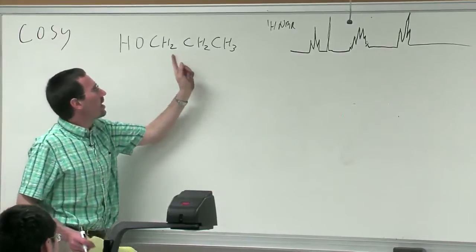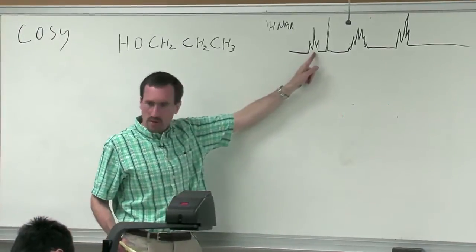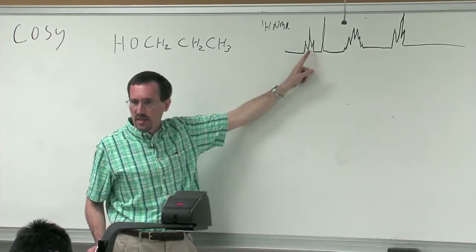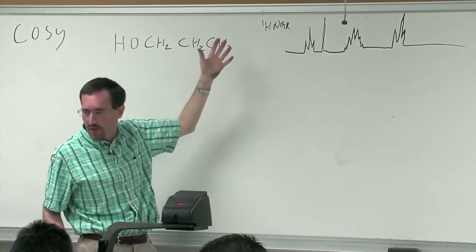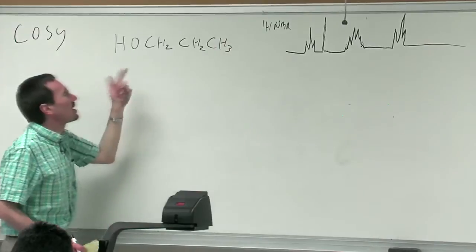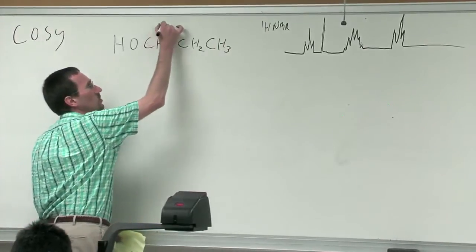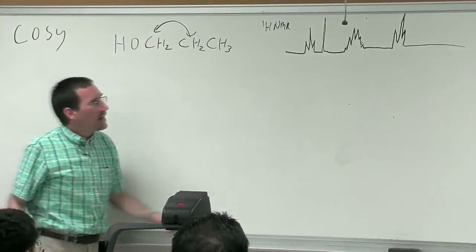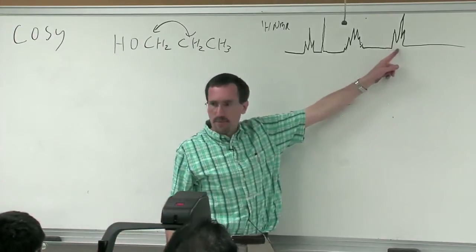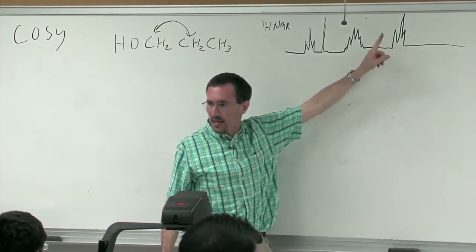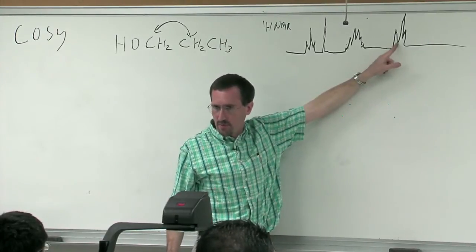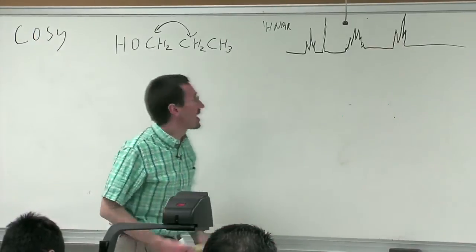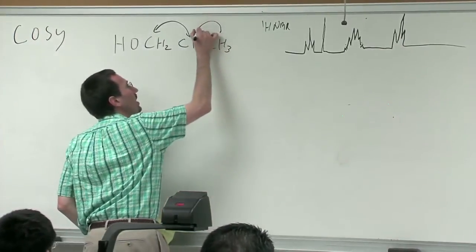You know that when I see this triplet here downfield, it's telling us that I have 2 hydrogens. It's telling us that I have a CH2 next to a CH2. And when I see this triplet upfield, I know that I'm having a methyl group with an integral of 3 hydrogens, and it's next to a CH2.